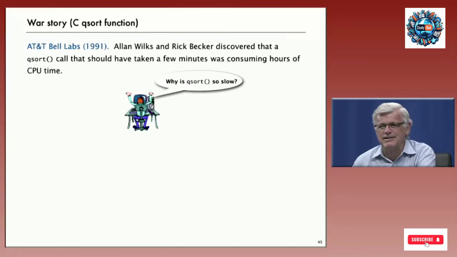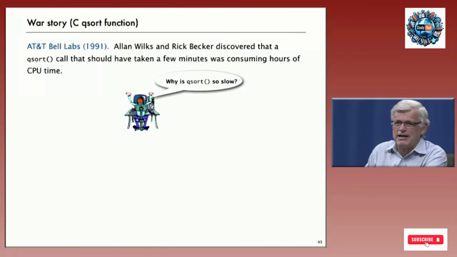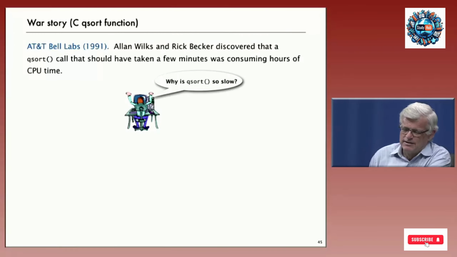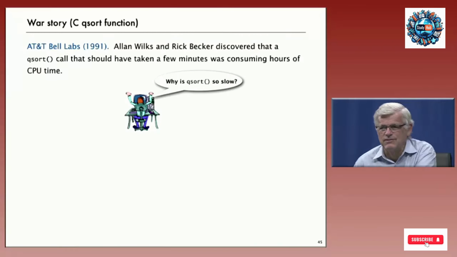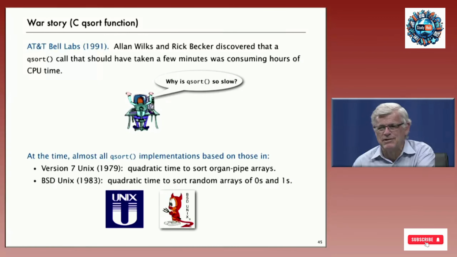And in 1991, there were some scientists at Bell Labs that were using Quicksort for a scientific problem, and they were used to it taking just a few minutes, and then they realized that it was taking hours of CPU time. And the fact was that all the Quicksort implementations at that time in Unix had this flaw.